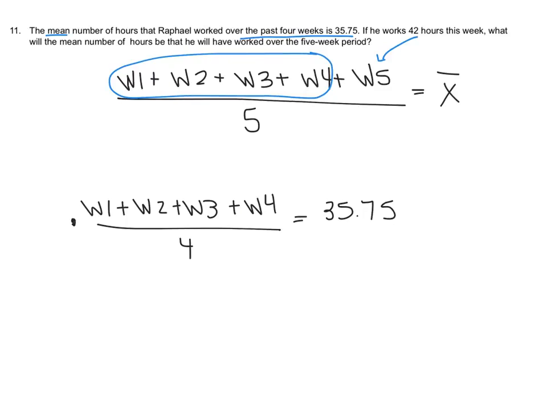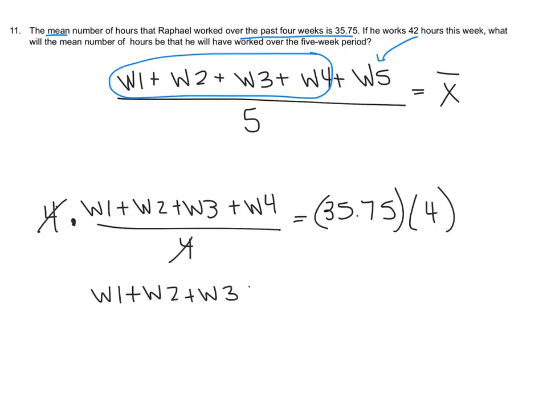If we multiply both sides by 4, we get that week 1 plus week 2 plus week 3 plus week 4 equaled 35.75 times 4, which is 143. So we can substitute the sum of week 1 through week 4 into the formula to find the average of the 5 weeks.